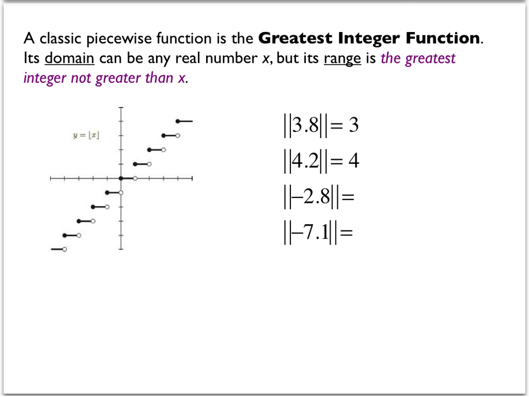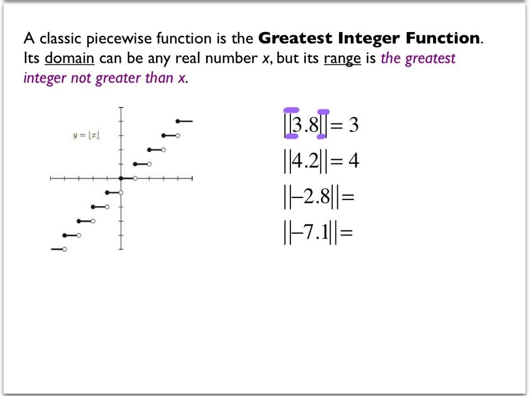Here's the symbolism, and actually our textbook will put another little line over these double brackets like that, as you'll see. But anyway, we would read this: the greatest integer of 3.8 is 3, because it's not quite up to 4. The greatest integer that's not greater than 3.8 has to be 3.